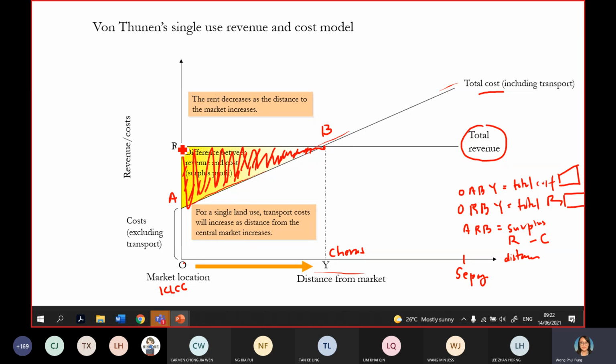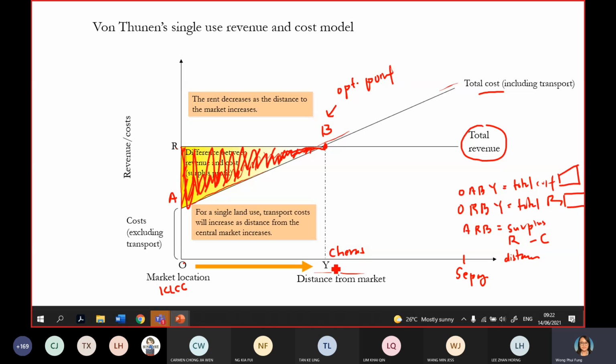Although we say this area is surplus profit, you get the largest at the city center, and it gets smaller and smaller until this point onward, where there is nothing left. That is why the rent and the surplus profit decrease when the distance from the market increases. So this is what we call the optimum point.